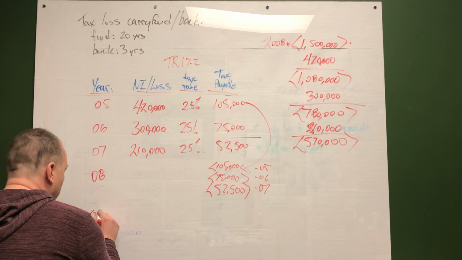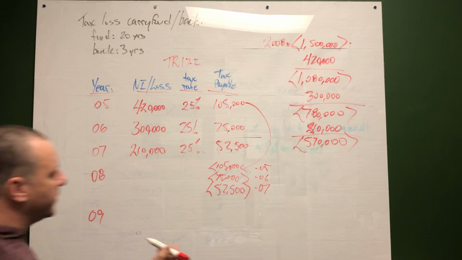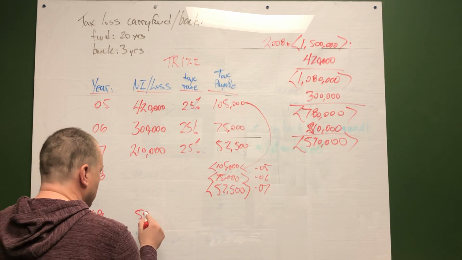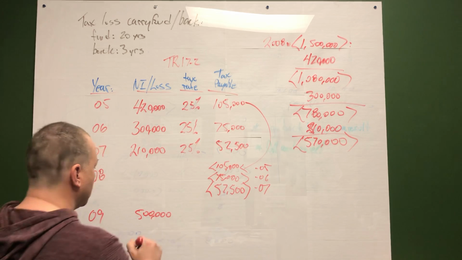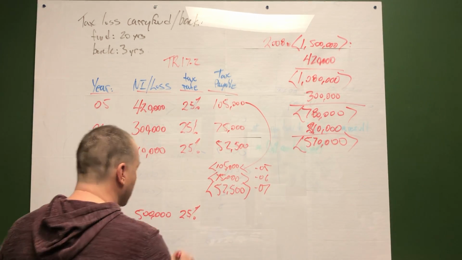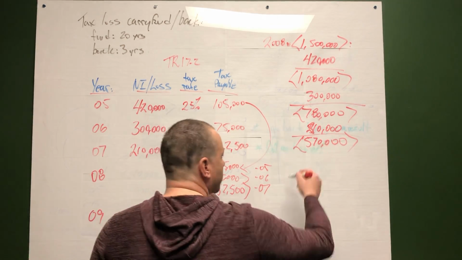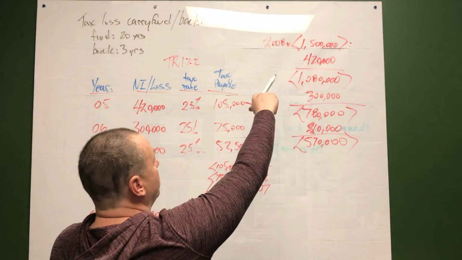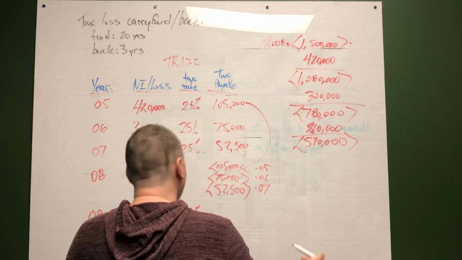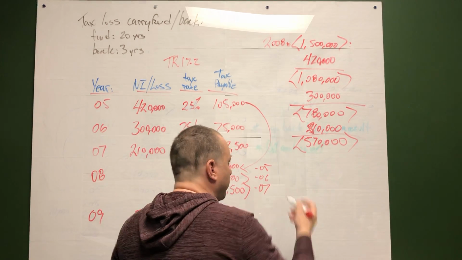So let's just say in '09, our taxable income was 500,000. Well, for 500,000, we're not going to pay any income tax. Why? Because we're going to use up the remaining loss of the 1.5 million. We've ground it down. Now in '09, we have 570 left. So we're carrying it forward.